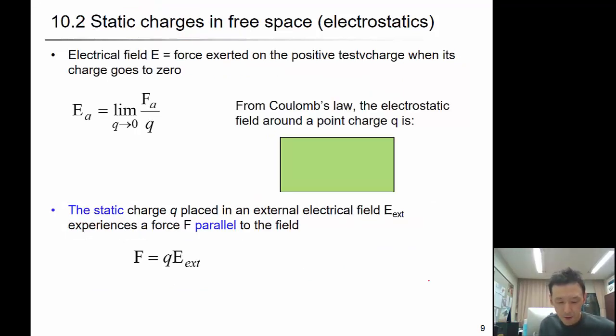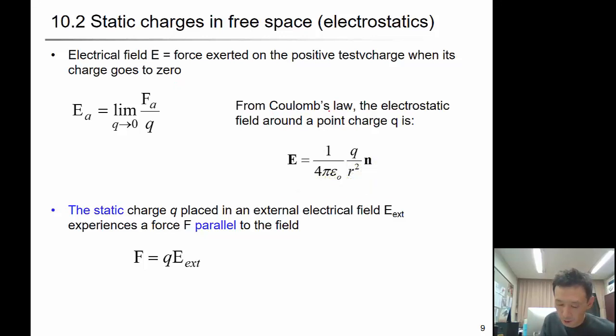Then the electrical field is defined as the force exerted on a positive test charge when its charge goes to 0. From Coulomb's law, the electrostatic field around the point charge is like this.